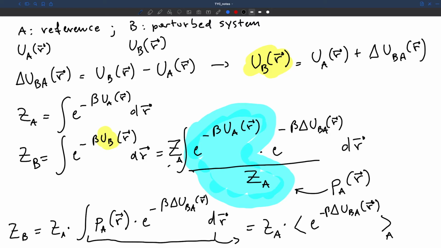This is useful because we can now write configurational integrals and partition functions for the reference system and perturbed system also when these two refer to our case of unbiased and biased systems. Let us consider the unbiased system as the reference system. So our reference will be characterized by potential energy U_0 of r.